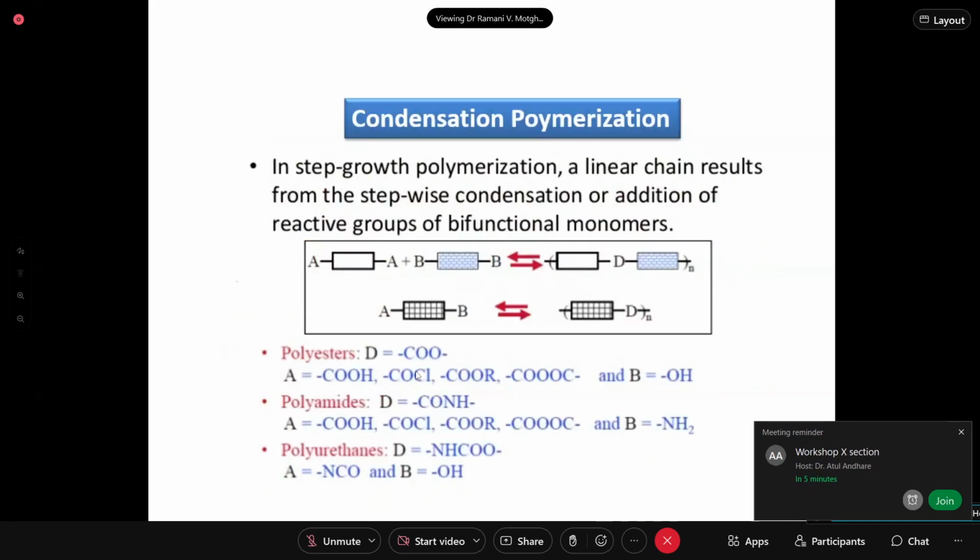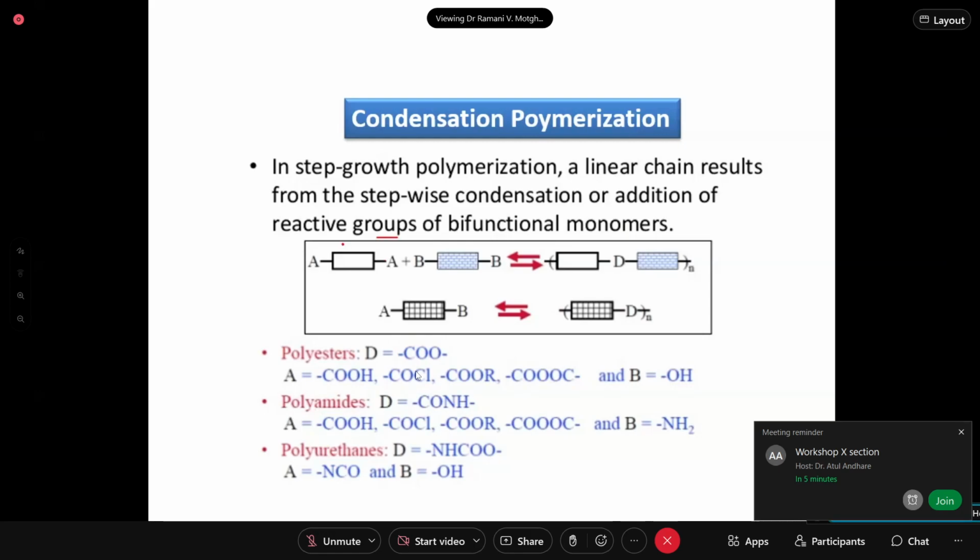Okay. Then condensation polymerization. In step growth polymerization, a linear chain results from the stepwise condensation or addition of reactive groups of bifunctional monomers. So we see that polyesters, polyamides, and polyurethanes, such kind of compounds are formed.